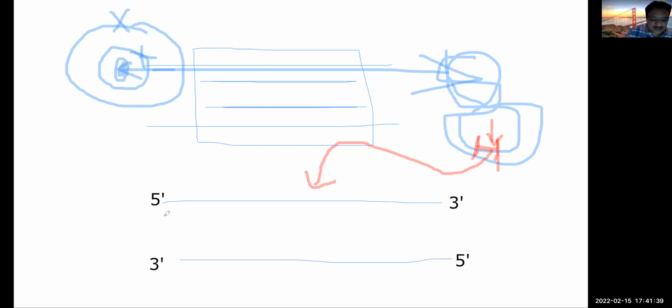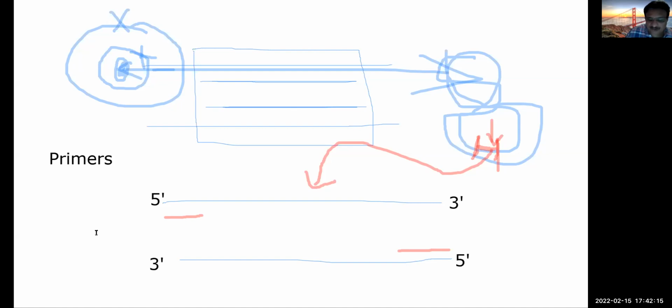This is done by a pair of oligonucleotides, and these are called primers. So the boundary of a gene is defined in PCR by primers, the extent.